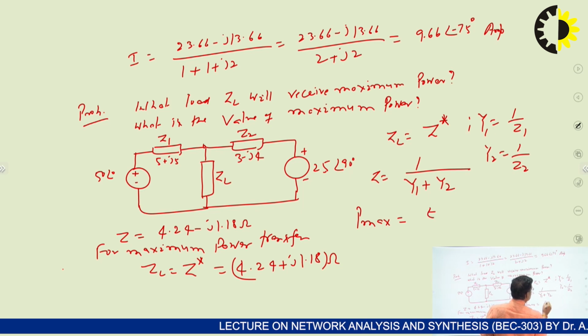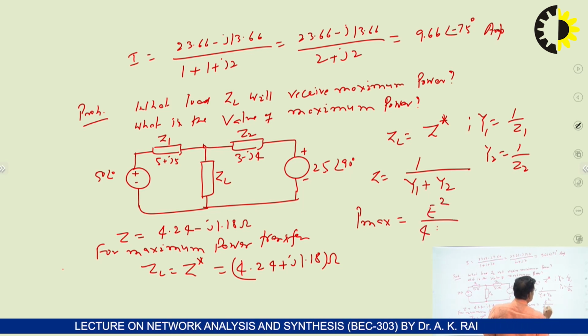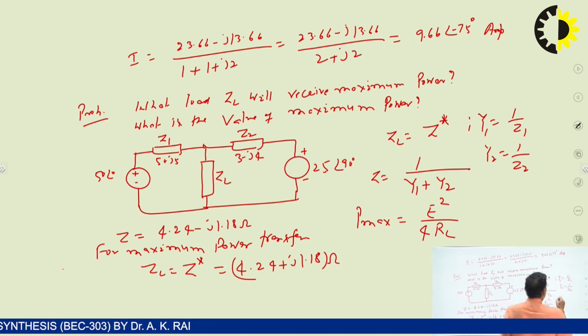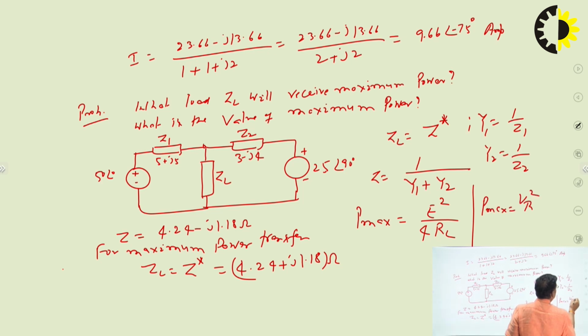Now, what is the maximum power? P max is nothing but E square upon 4 RL. If you remember, in case of the maximum power transfer theorem, P max was equal to VTH square upon 4 RL. So, what is this?